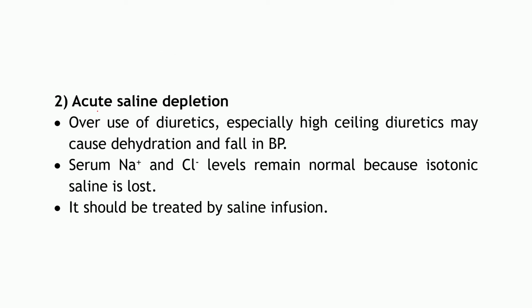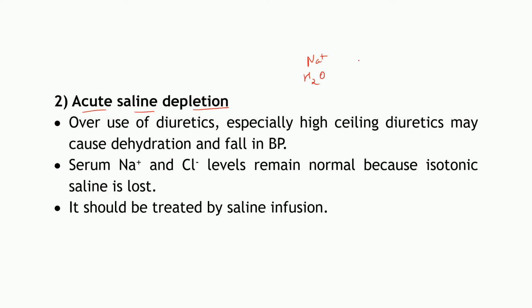Then the next complication is acute saline depletion. What is saline? Okay, saline, 0.9% of NaCl, that is isotonic solution, right? Now, when diuretic therapy is instituted, it targets the loss of sodium and water from the body, right?